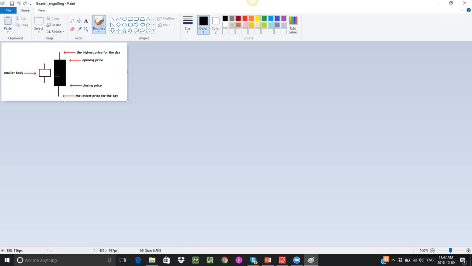You have one candle that is so strong that it takes out the previous candle. And this generally means that the buyers are not in charge anymore, and we'll see sellers come into the market. So here the price opens here, closes at the bottom, and then we have a wick to the top, and we could have a wick in the bottom. But the candle itself has a large body.